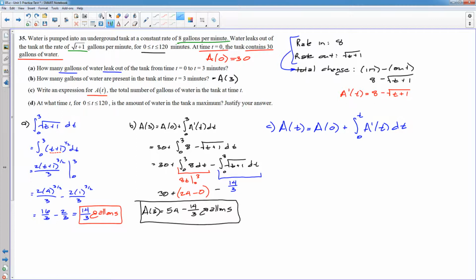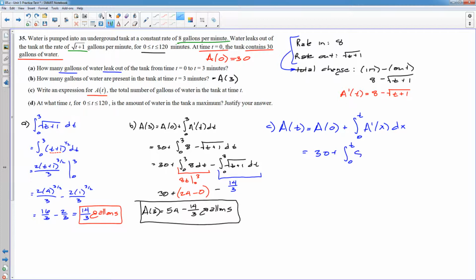Instead of 0 to 3, I'm now measuring the amount at any time value of A prime of t. But again, kind of like a problem that I worked earlier, you are not allowed to have the same variable for the limit of integration as you are the integrand. So I'm simply going to take the t's here and turn them into something else, like maybe an x. And I would clean that up into 30 plus area from 0 to t.